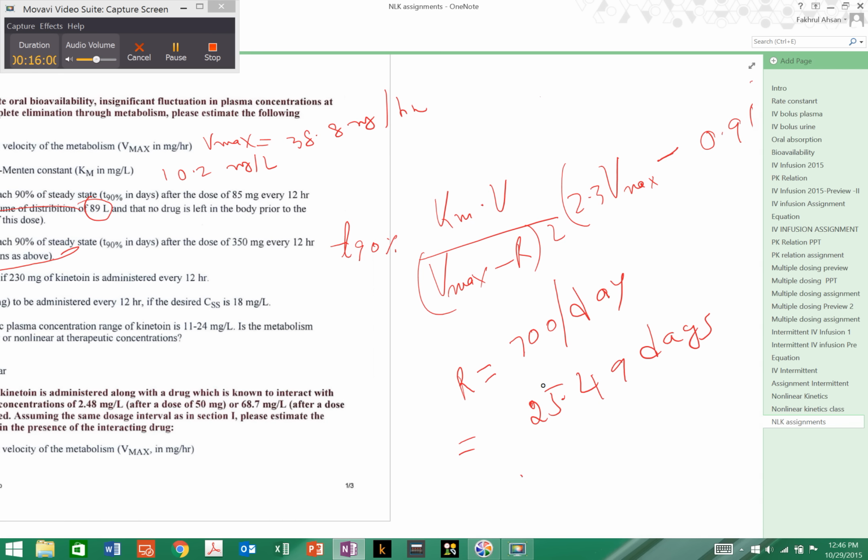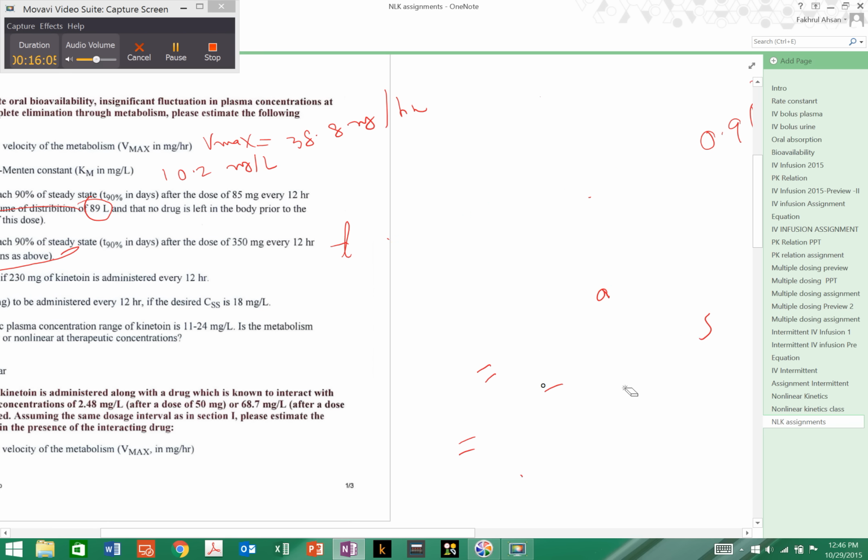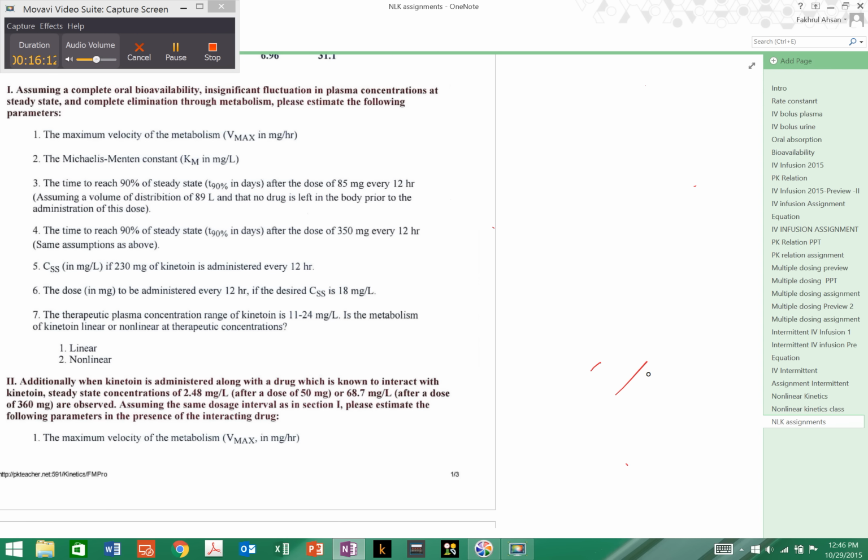Okay, now we'll use a different equation for 5 and 6. Let's go back to 5 and 6. CSS, if you calculate CSS, if 230 milligram of the drug is administered every 12 hours. To calculate CSS, we have to go back to that equation sheet.